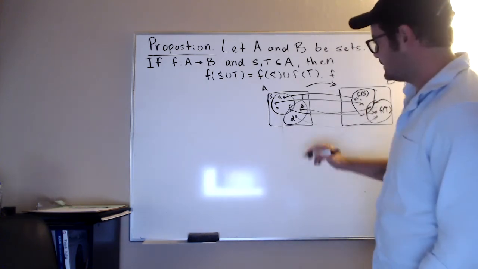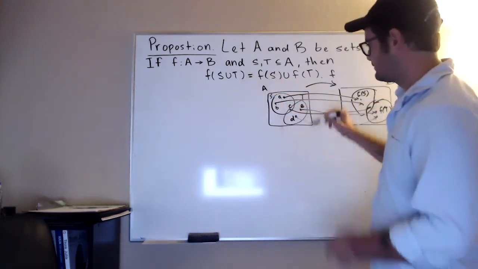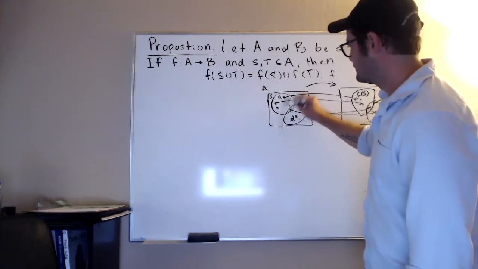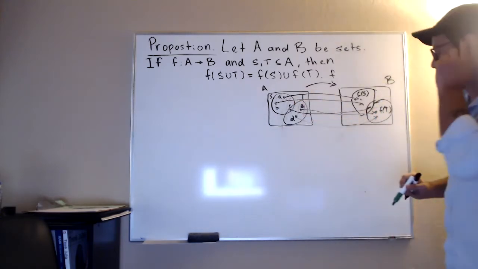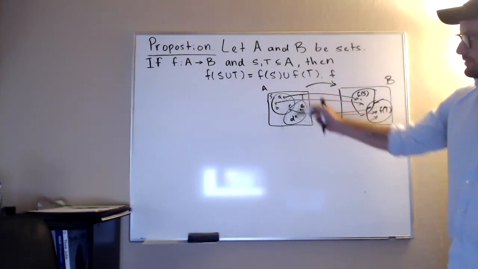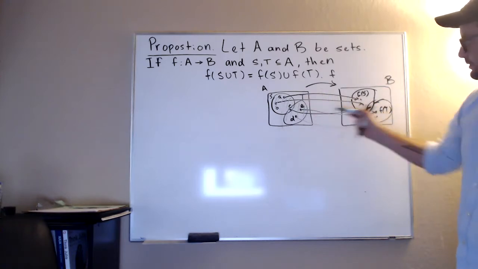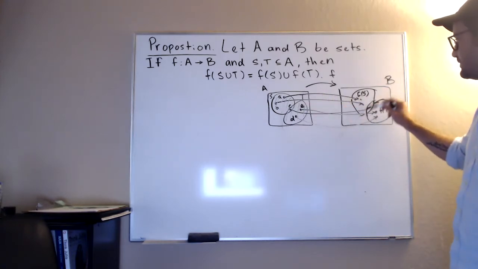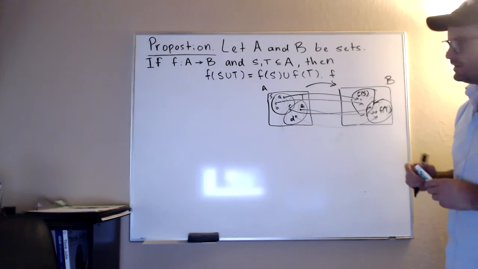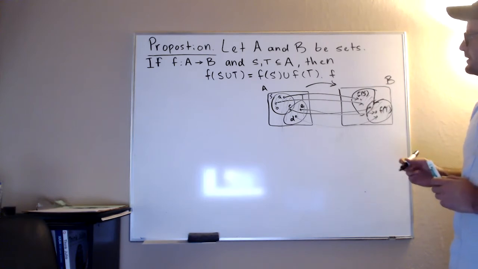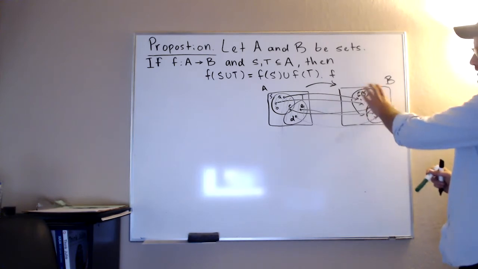Well, the union here, S union T, is all of this stuff. And the image of that union is the collection of all of the outputs, right? So it would be all over here. So this is all of that.